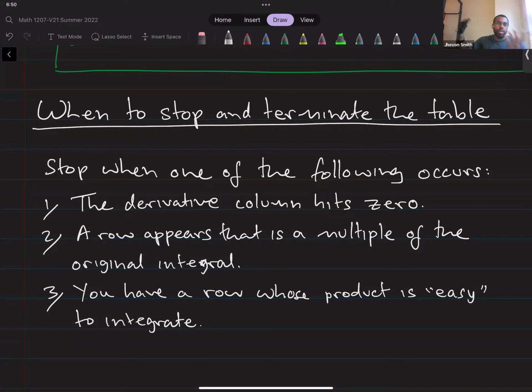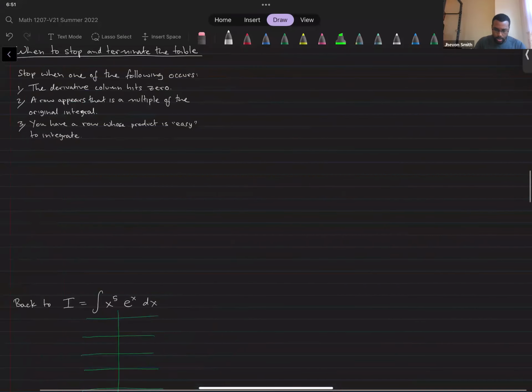You can ignore the 1/2 or the 1/4, the multiples. If you look at the functions and the row is the same as the original, you would stop. Another possibility is that the row across is something easy to integrate. We're going to do a few of these so you can see what I mean.